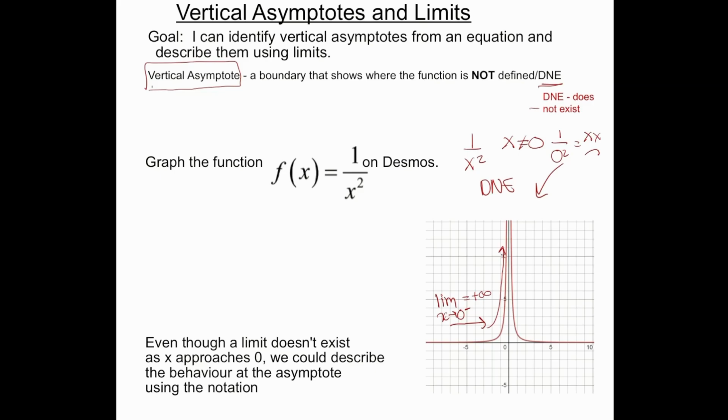So that's our left-hand side. Let's take a look at what's happening from the right-hand side as we get closer and closer to 0. Again, this limit is getting higher and higher and higher. The closer we get to 0 in the x values, the closer to positive infinity my y values get. So as x approaches 0 from the right-hand side, we are also approaching positive infinity.